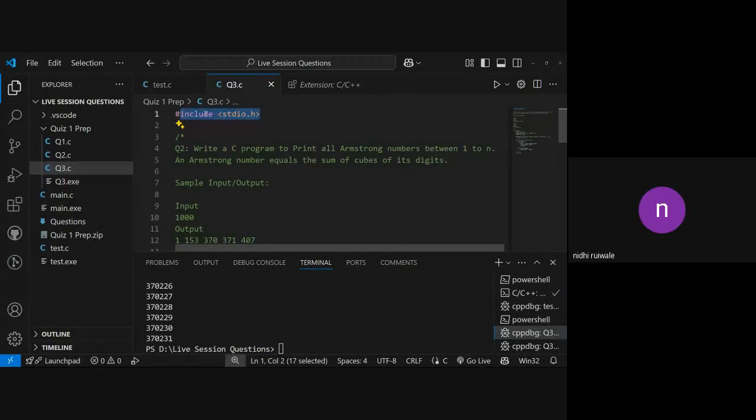Header file. Okay, see, so this is something that, at this point in time, up until week 10, week 11 of yours, you do not really have to worry about this one. Just think of it like hashtag include is a keyword, and stdio is simply the library that you want to use.